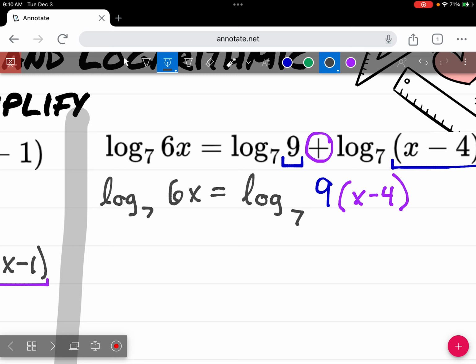So we've got to condense it down so we have just a single logarithm. Once we have a single logarithm, I can look at my arguments and see when those equal each other. So we want to know, when does 6x equal 9 times x minus 4, also known as 9x minus 36.